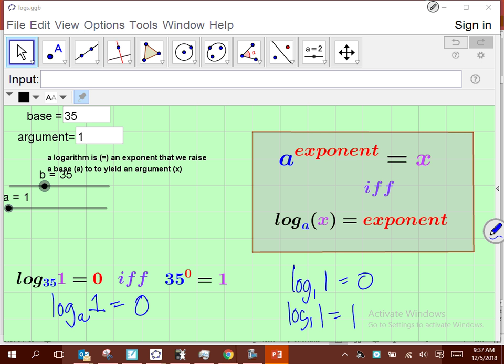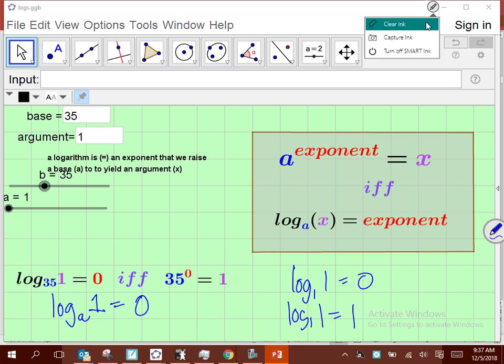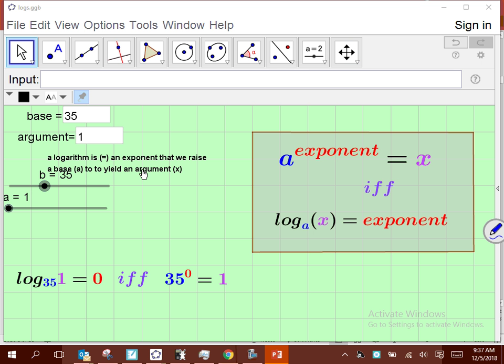That's a problem. So that's why we don't let our base be 1. Which is nice, because going back to exponentials, we didn't let the base in the exponential be 1 either, because 1 raised to anything is just going to give me 1 back. Try to keep that in mind as we go on.